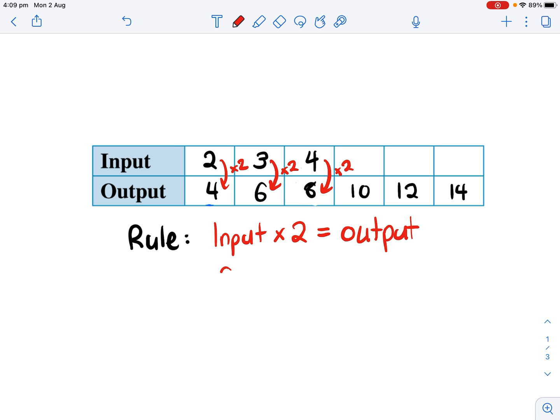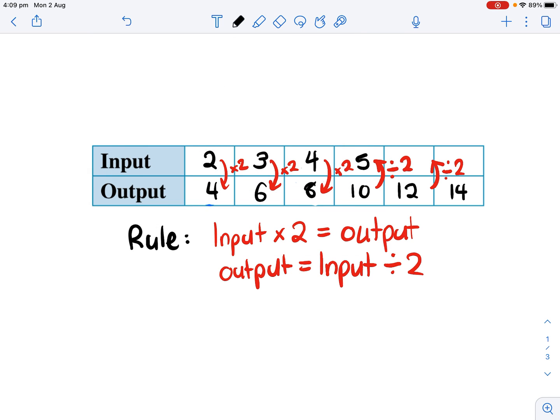So the output in this case is going to equal the input divided by 2. You're reversing that process. So to go backwards, you need to divide by 2. And that would give you 5 for this one, 6 and 7. If these were added by 2 each time, you'd have to subtract as your reverse process.